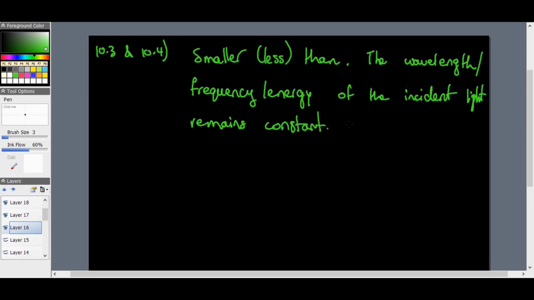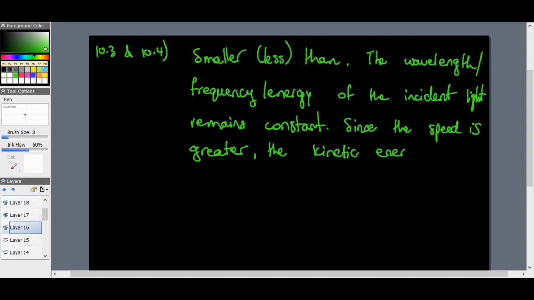However, since the speed is greater or larger, the kinetic energy is bigger or larger.